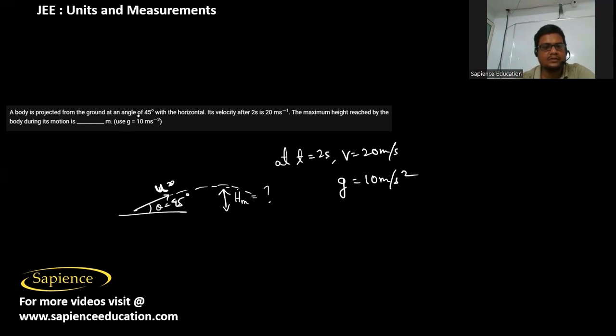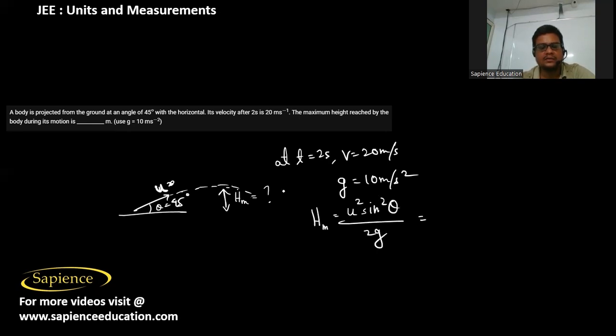The body is projected from the ground at an angle of 45 degrees with the horizontal. As you know, the maximum height reached is equal to u square sine square theta by 2g.